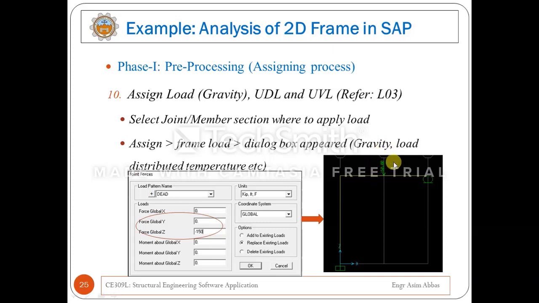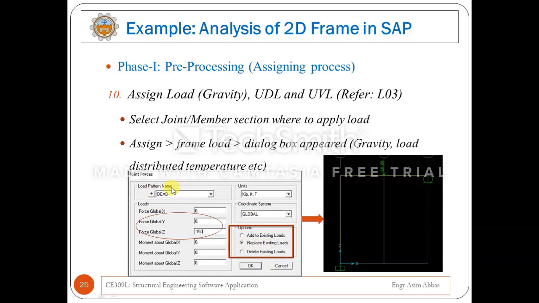There are some options given in this menu: add to existing load, replace existing load or delete existing load. From this option you can add, delete and replace existing load if you want, but this option is applicable to a particular load pattern.